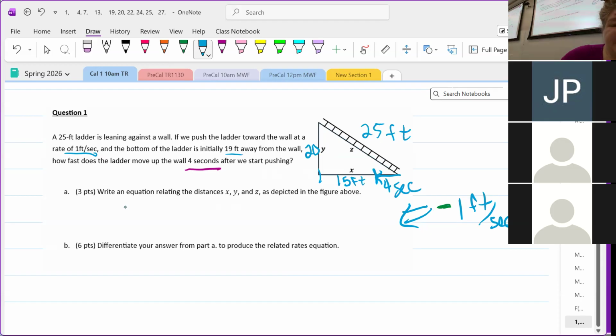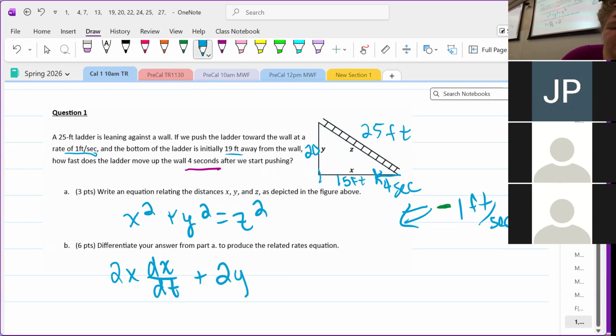So our equation that relates the 3 distances is just our Pythagorean theorem, x squared plus y squared equals z squared. And then when we differentiate that, we get 2x times dx dt plus 2y times dy dt equals 2z dz dt.